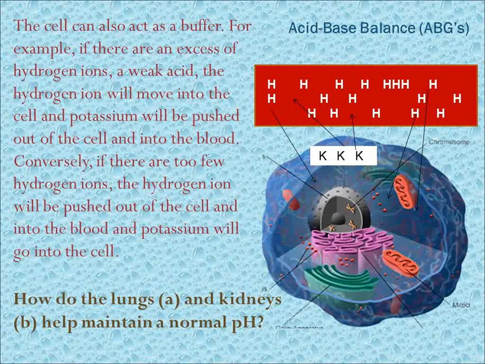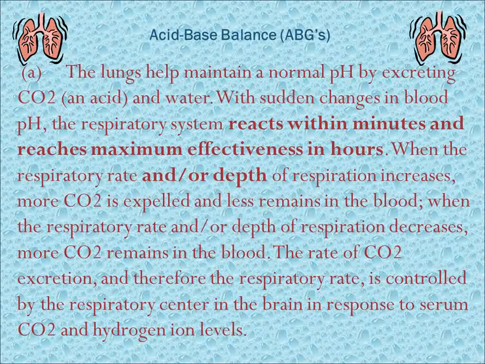Now, how do the lungs and kidneys factor into this maintenance program of the normal pH? Well, what do the lungs do? The lungs help by excreting the CO2, that weak acid.